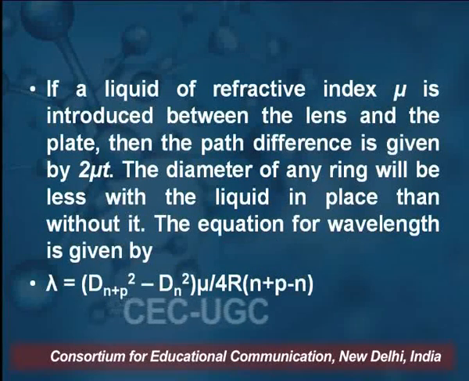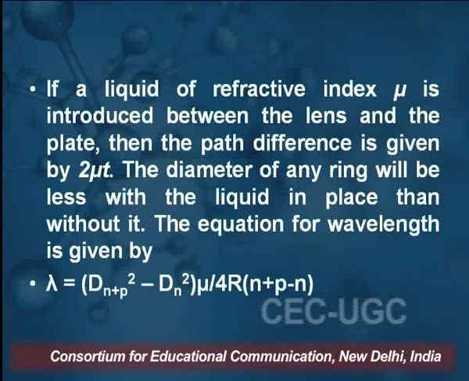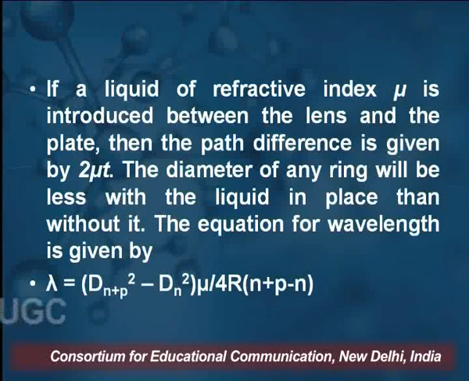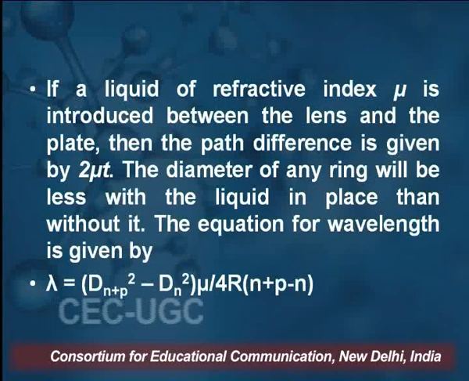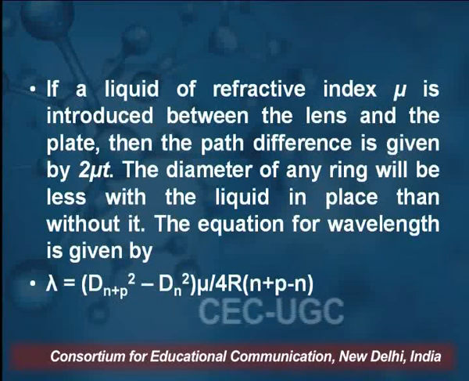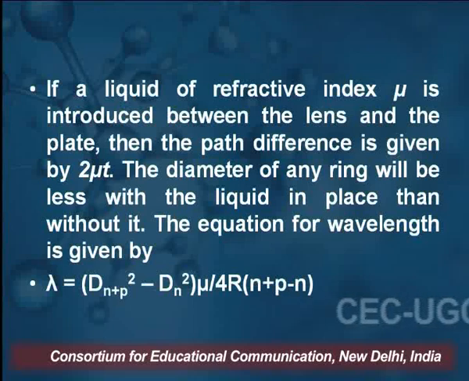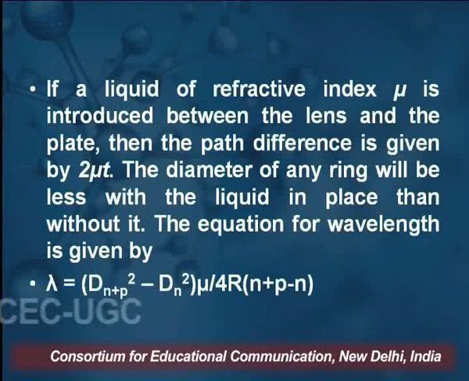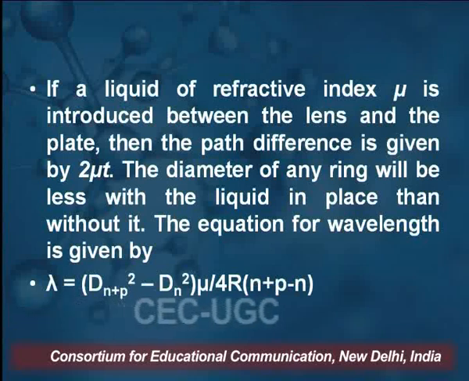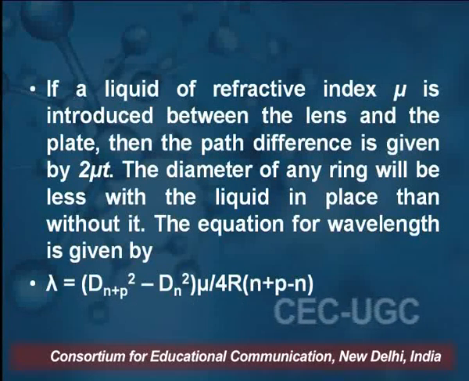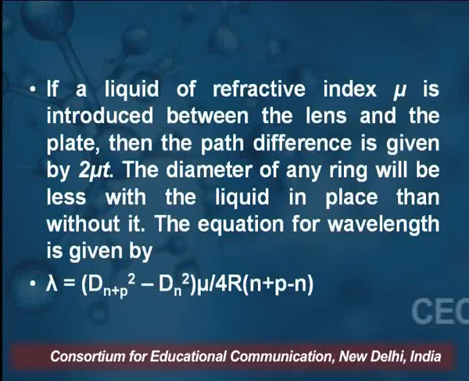Now if a liquid of refractive index mu is introduced between the lens and the plate, the path difference will be given by 2 mu t, and the diameter of any ring will be less with the liquid in place than without it. So the equation of the wavelength will be lambda is equal to D(n+p) whole square minus Dn square, times mu, divided by 4R times (n+p-n).